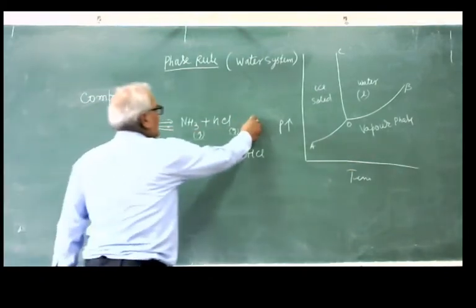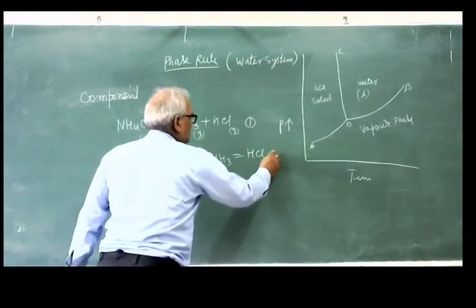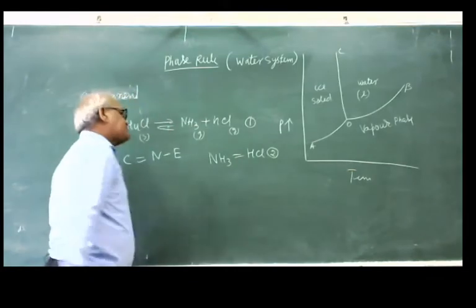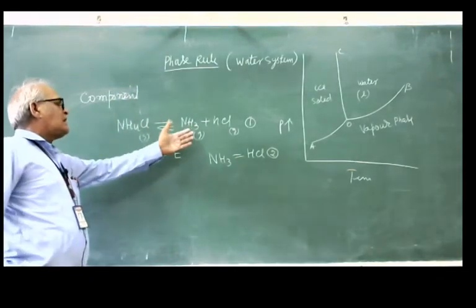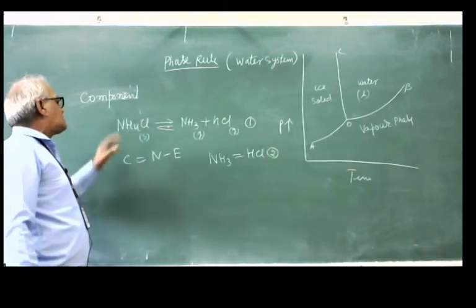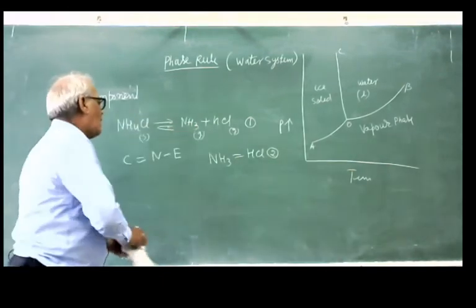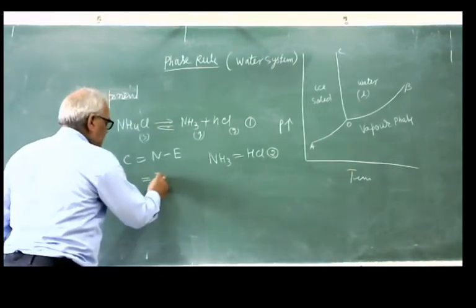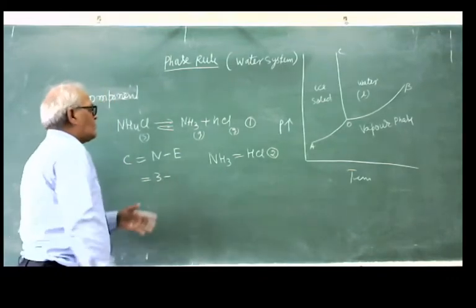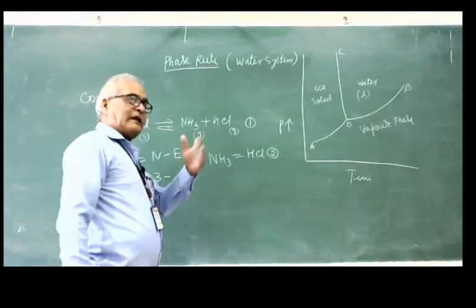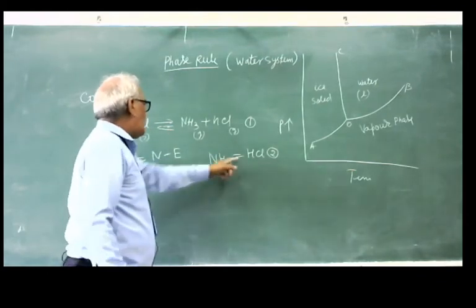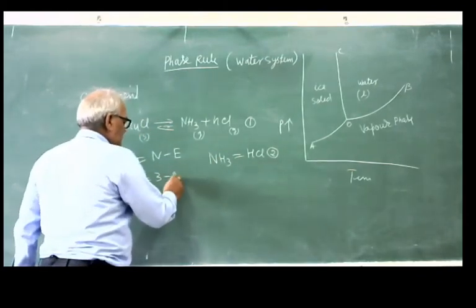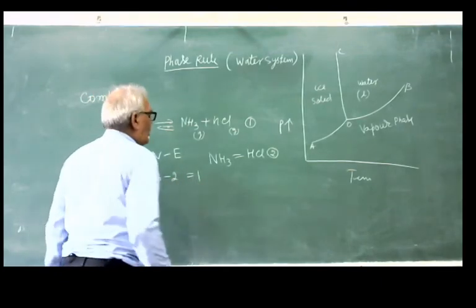This is one relation. How many species are present in the heterogeneous system? 1, 2, 3, so we write 3 minus, and the number of relations is 1.